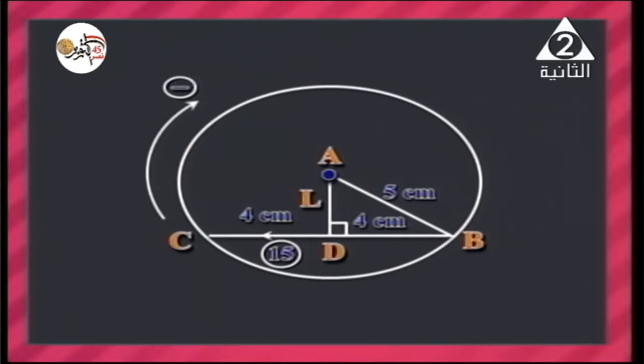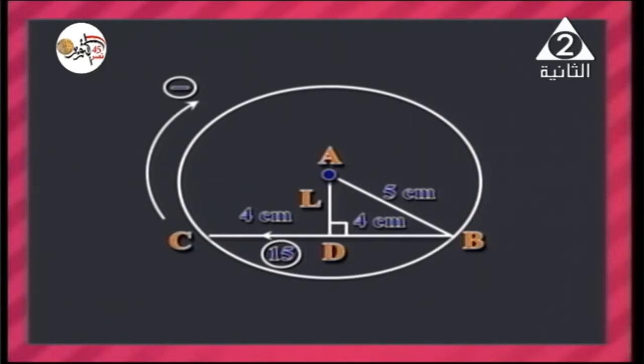We know that the force 15 acts at point A clockwise. What do you mean by clockwise? Its direction is negative. Negative 15 times 3 equals what? Negative 45 Newton centimeter. Clockwise direction is the negative direction.